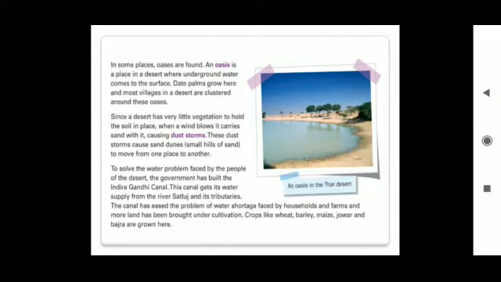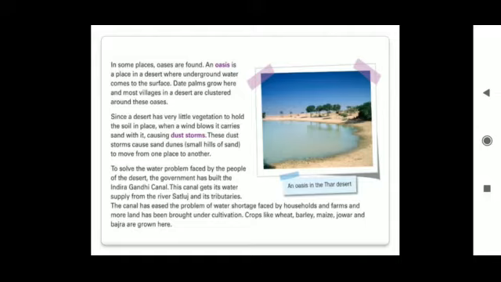Since a desert has very little vegetation to hold the soil in place, when wind blows, it carries sand with it, causing sand dunes. The sand dunes cause dust storms. What are sand dunes? They are small hills of sand that move from one place to another.